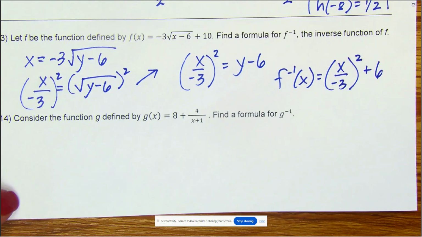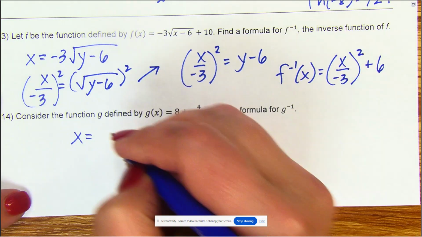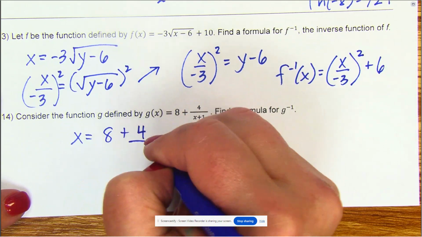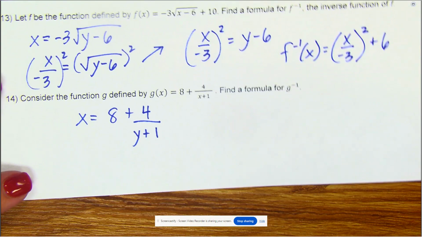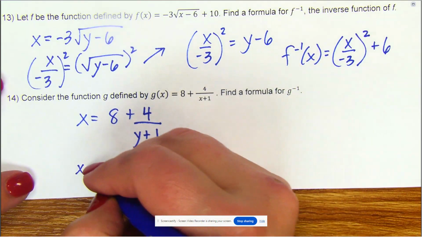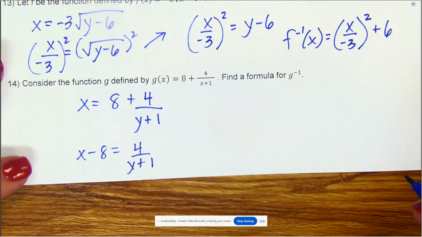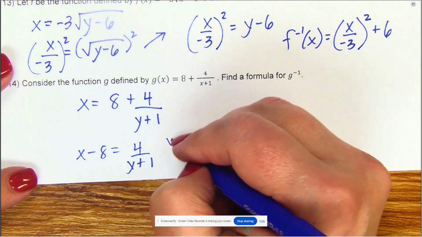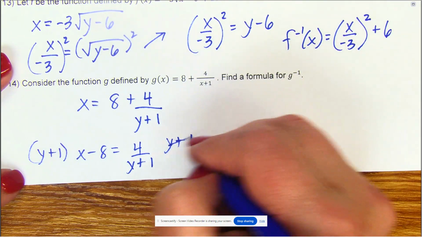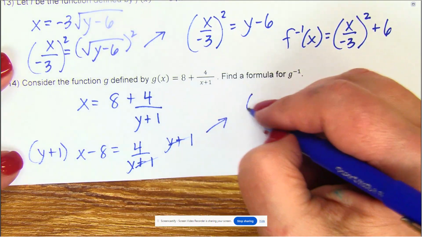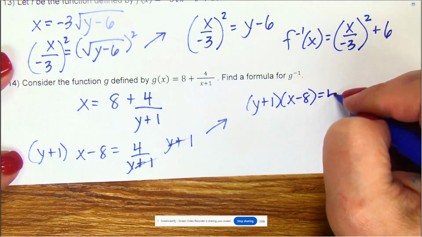Alright, next one. Same thing. I have a new function g of x, so I'm going to switch x and y. And I'm going to get y alone. So my first move would be to subtract 8. I see something in the denominator, so I'm going to multiply both sides by y plus 1. So that cancels. So now I have y plus 1 times x minus 8 equals 4.